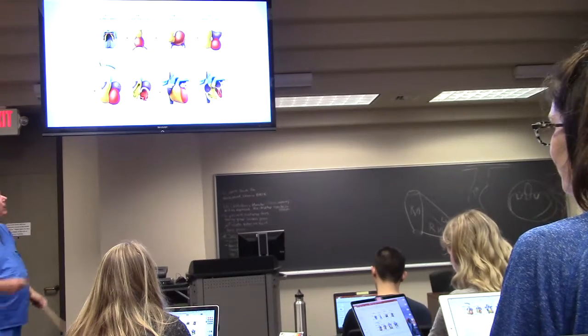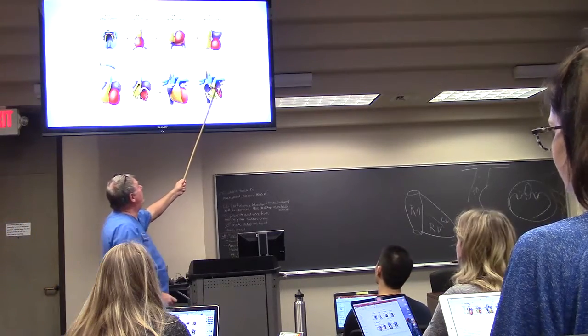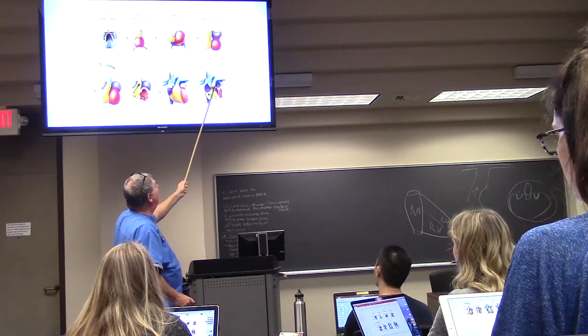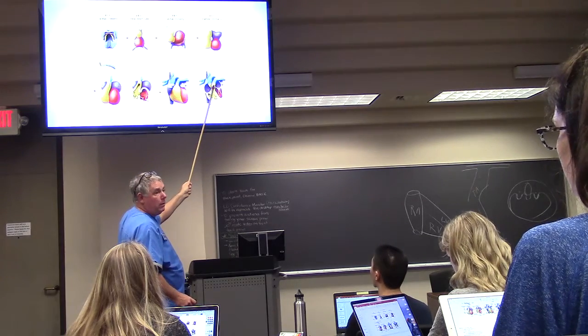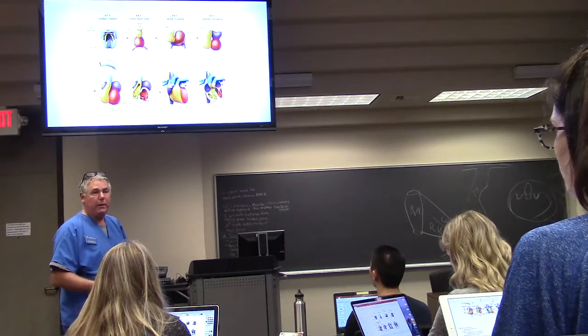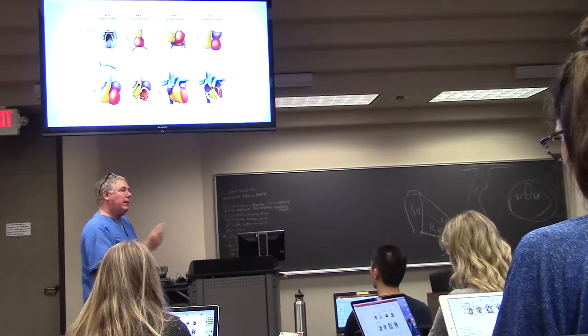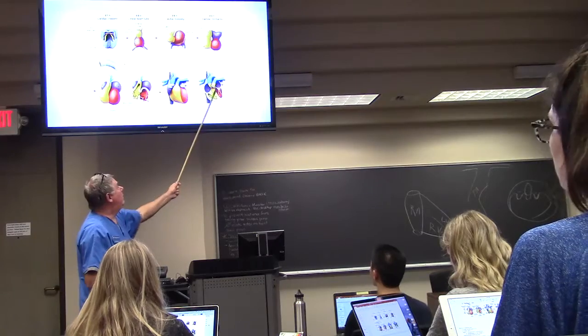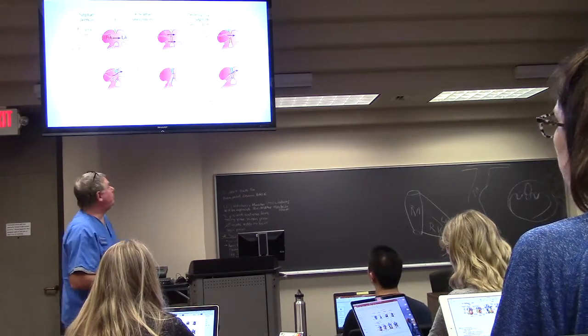Let's back up and talk about the two atria. You see the atria are sitting behind the arterial outflow. I keep bringing up that point. The atria, embryologically, are behind the outflow of the heart.